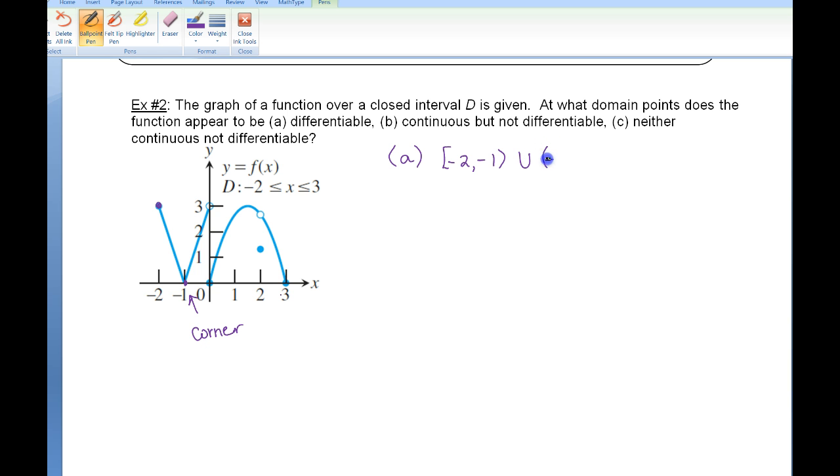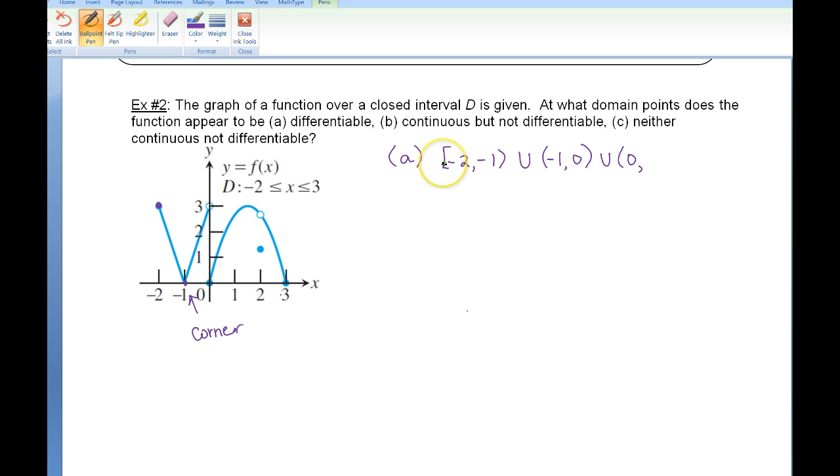So union, we'll pick it back up at -1, and then we'll go to 0, but we'll use parentheses around 0 because that's an open circle. Then our union, bracket 0, since it was a discontinuity there.